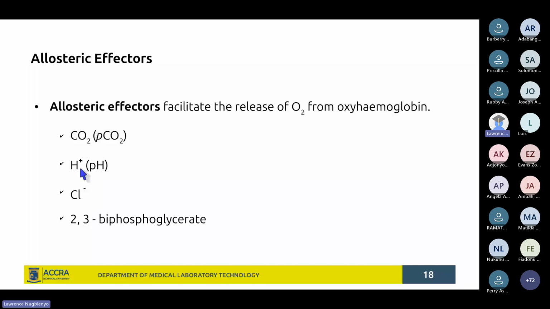You'll be having an acidic condition there. And so that high concentration of hydrogen ions is also an effector, facilitating so that oxyhemoglobin releases oxygen quickly and picks the hydrogen ions. It's a way of not having such an acidic condition becoming detrimental to the body.